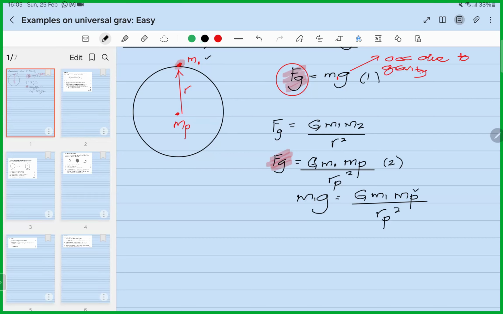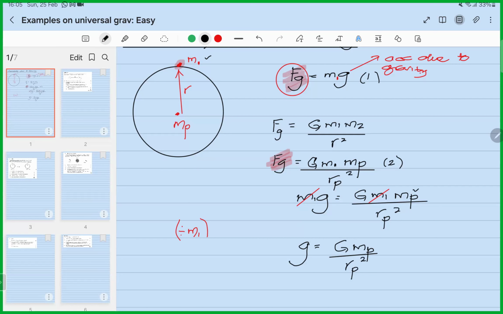If you look very carefully, you can divide this entire equation by M1. So M1 goes off on this side here, and M1 goes off on that side there. So if you divide both sides by M1, this is what you actually end up with. You end up with g equals G MP over RP squared.